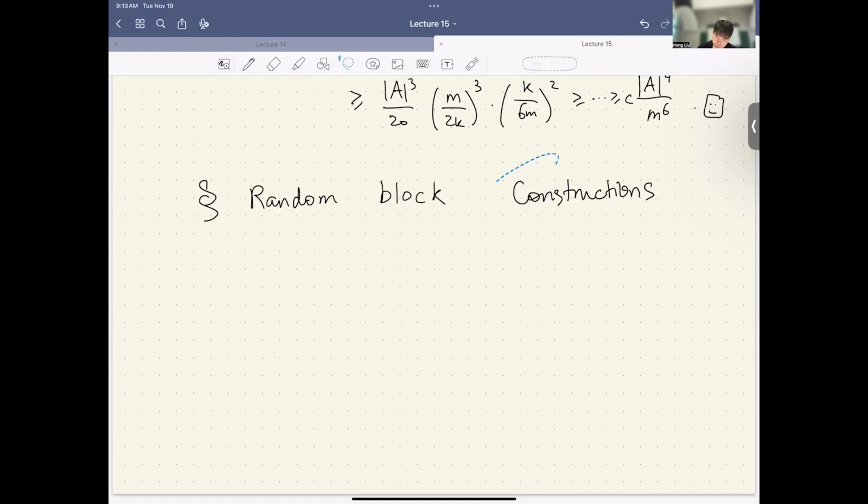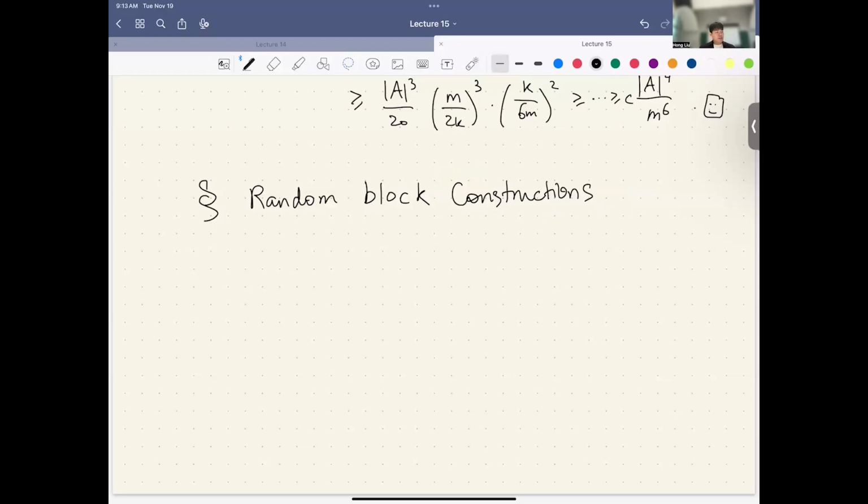Random block constructions. Let's recall some of the basic backgrounds on Ramsey.